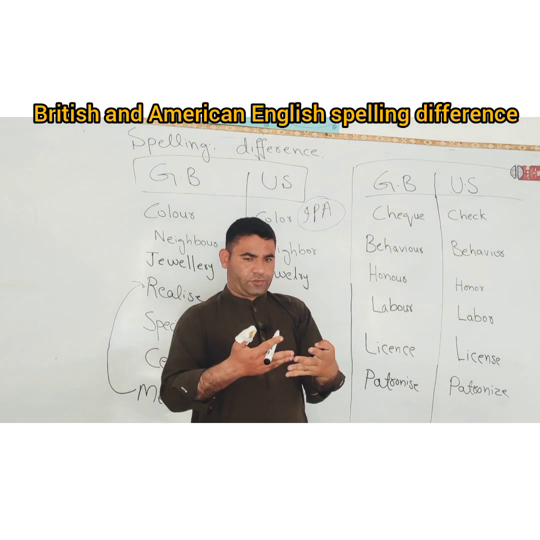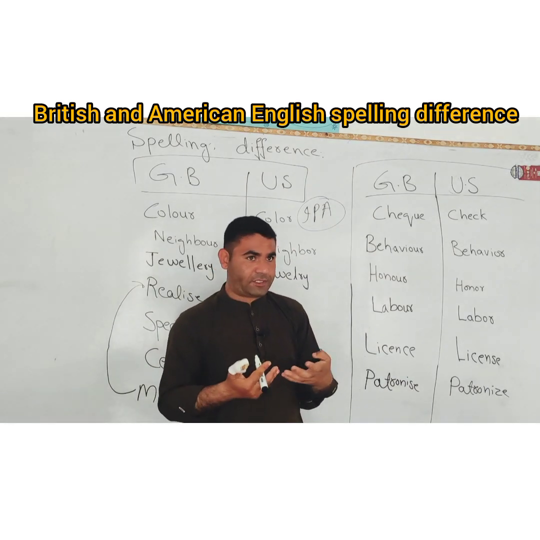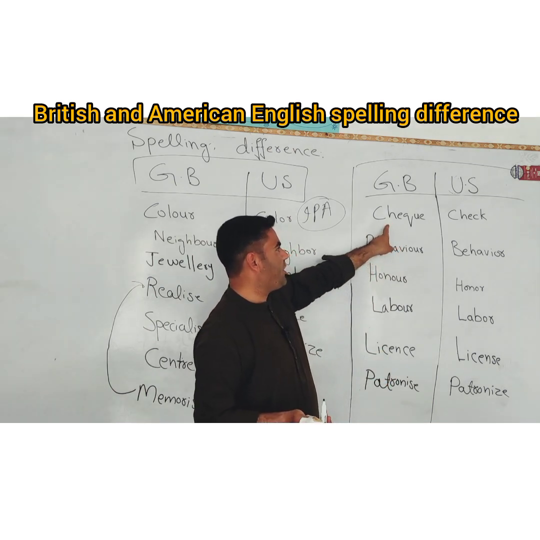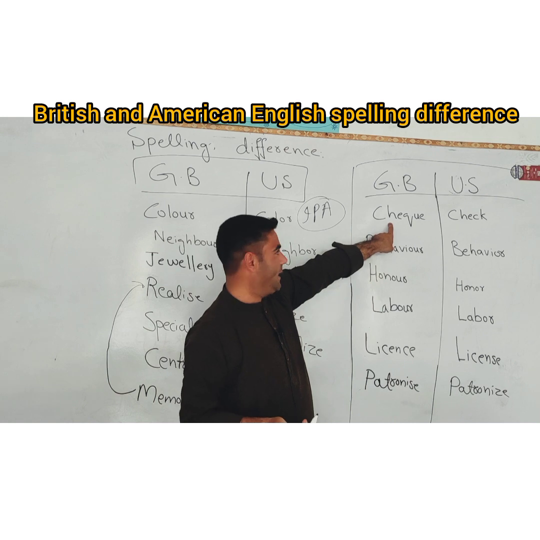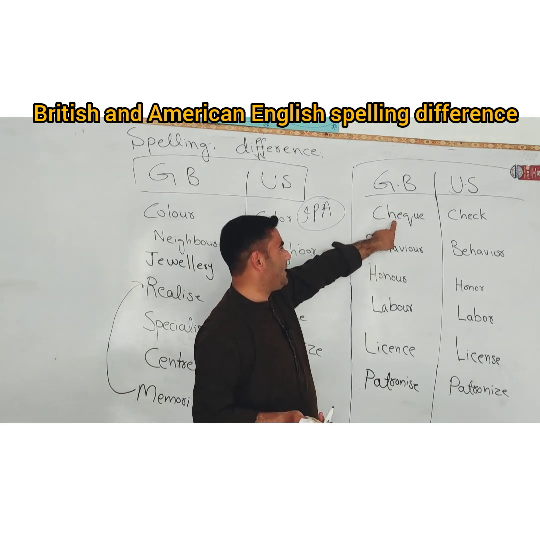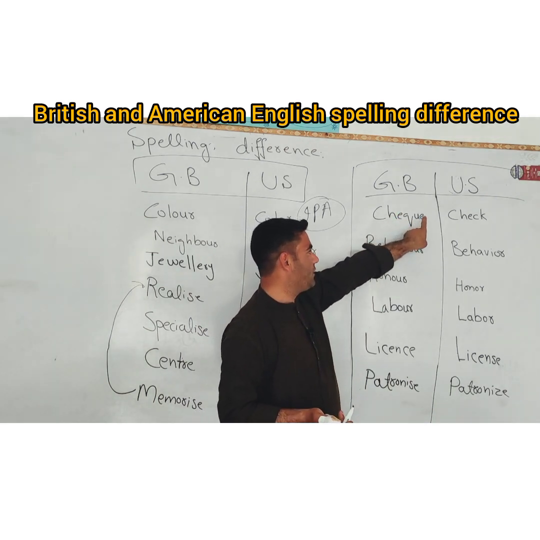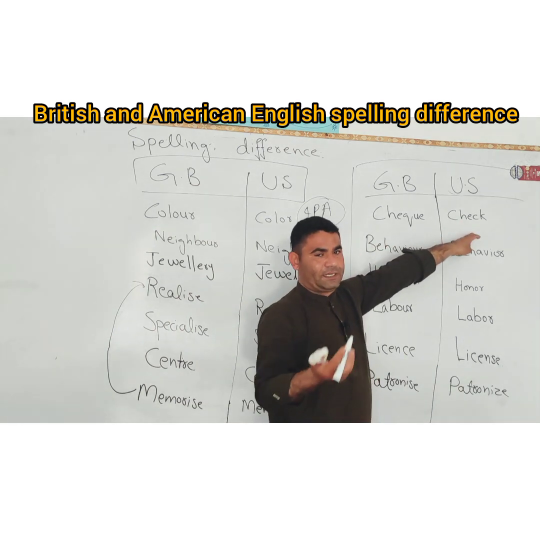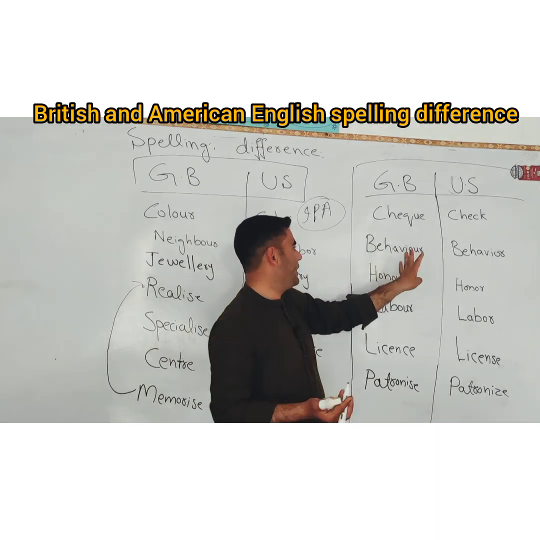Cheque: you know that we use it to withdraw money from our account, that is used in banks. In British English it is spelled C-H-E-Q-U-E. In American English it is check, spelled just simply.